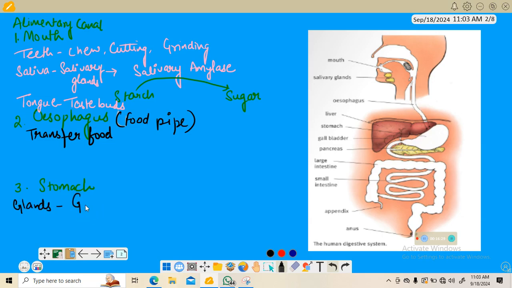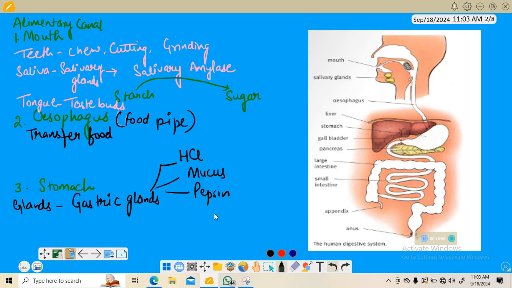There we have gastric glands, and they will secrete HCl, that is hydrochloric acid, then mucus, then pepsin.